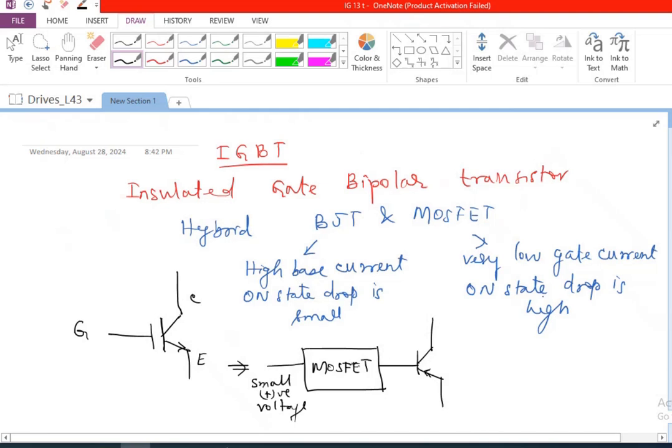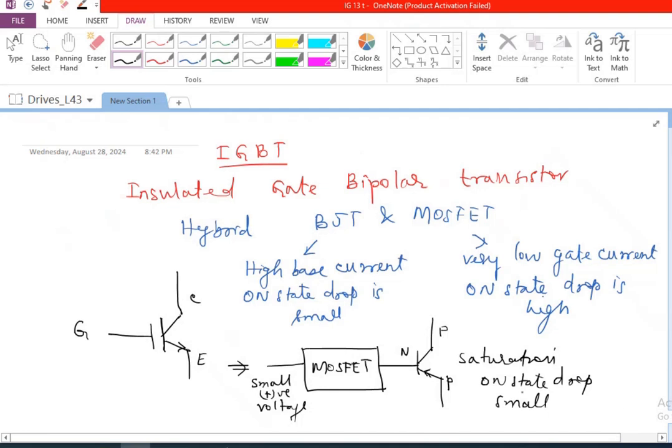Whereas the MOSFET, once it turns on, its output current is going to trigger this PNP transistor, and that is going to drive this transistor into saturation. So the on-state resistance, what is visualized at the load side, is going to be really, really small. This transistor is driven into saturation, because of which we are going to have the on-state drop to be very small.